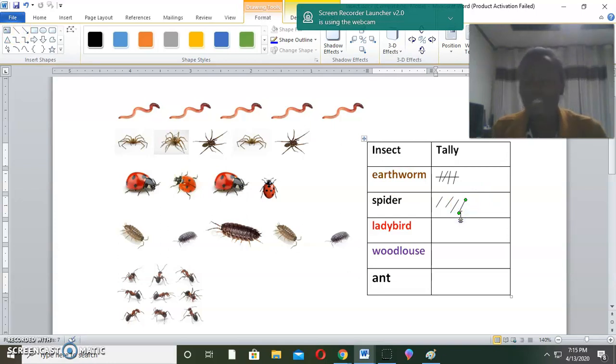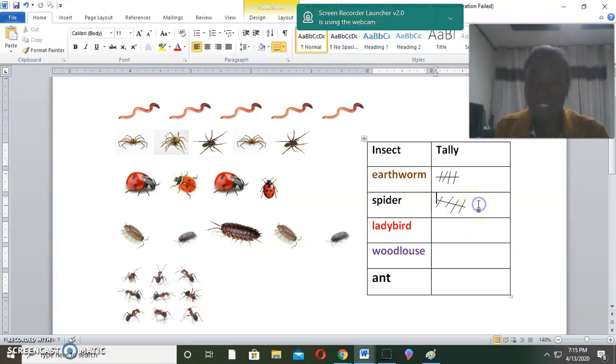Remember what I said: if you reach 5, you draw a line across to represent 5. So we have 1, 2, 3, 4, and then now 5. I'm going to draw a line, and this shows I have 5 spiders.